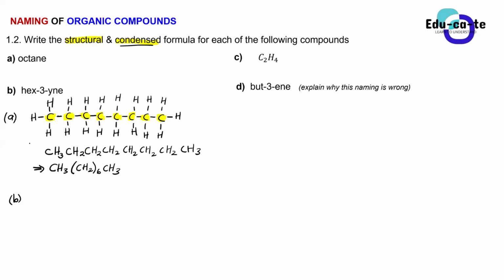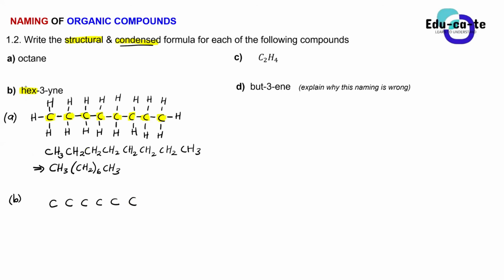Okay, the simplest thing that you guys can do is to first count how many carbons you must have. You must build the parent chain first. The parent chain says hex. The hex tells you that we're having how many carbons in the longest chain? We're having 6 of them. So we must first draw 6 carbons. 1, 2, 3, 4, 5, 6.